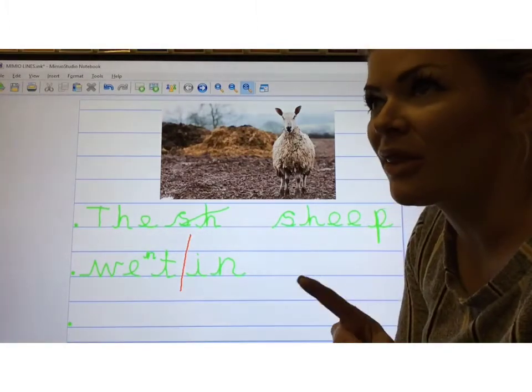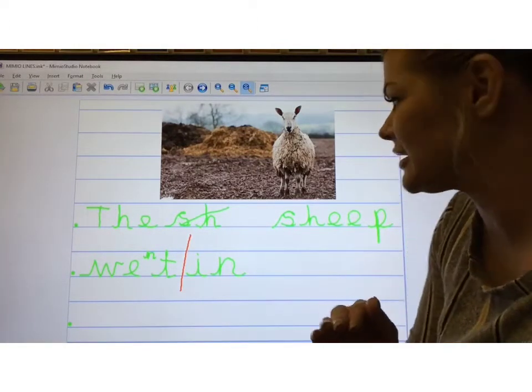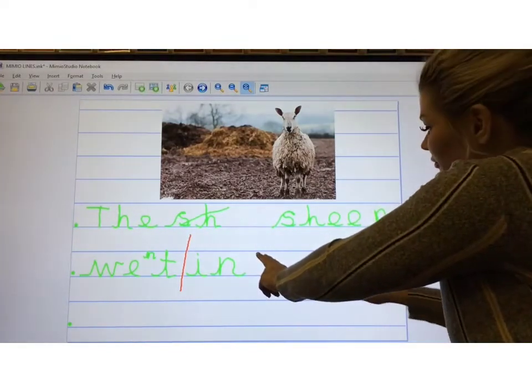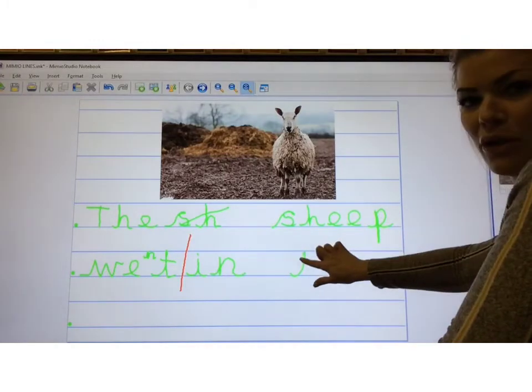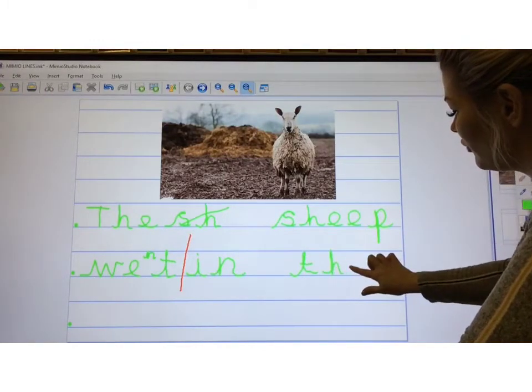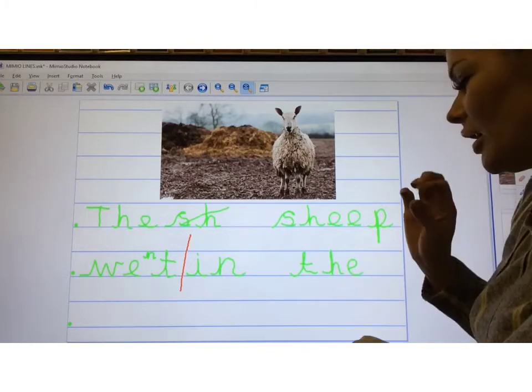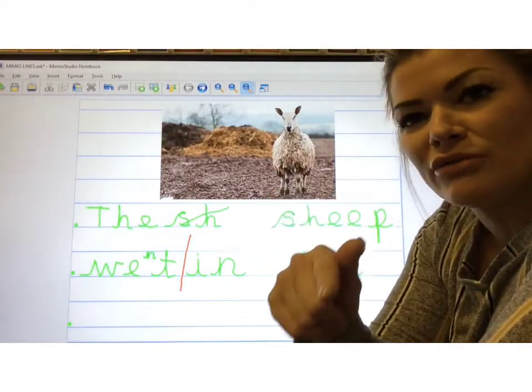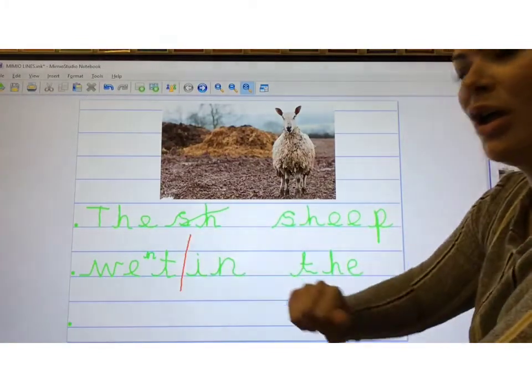The, another the, but it doesn't need a capital letter. Oh, nearly. Finger space. Oh, I've lost where I am. I need to read what I've written so far.